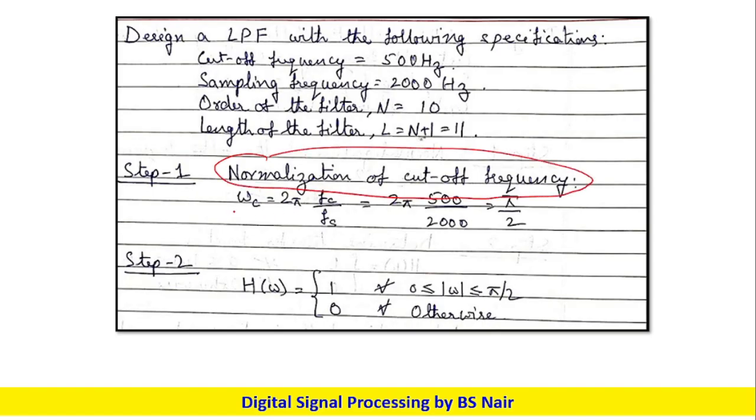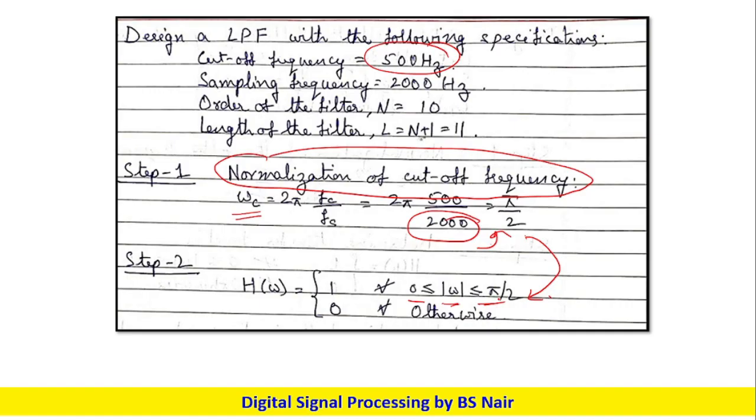We have to compute the normalized cutoff frequency omega c equals 2 pi fc by fs. fc is 500 hertz and the sampling frequency is 2000. From there we get pi by 2. And then from here we want to find hd of omega, which is equal to 1 for modulus of omega less than pi by 2.